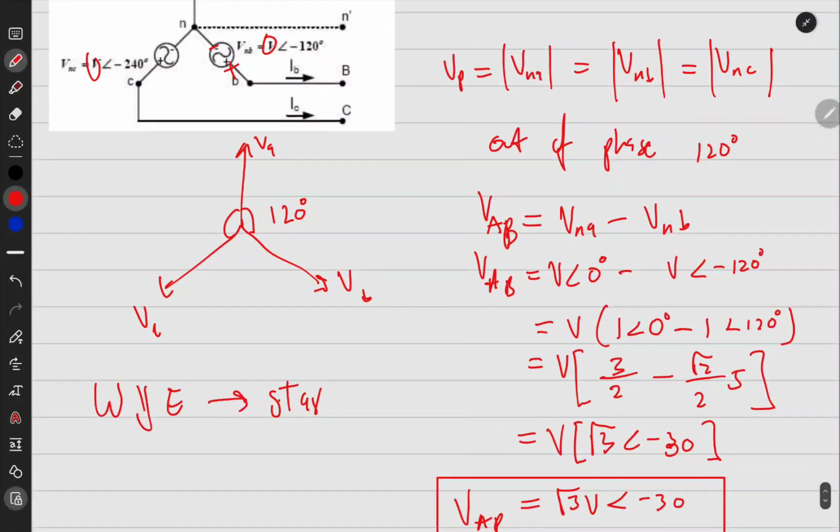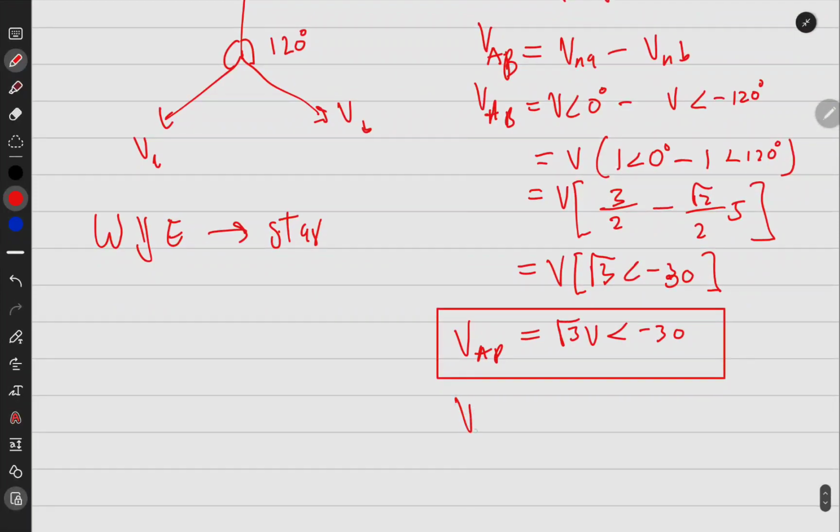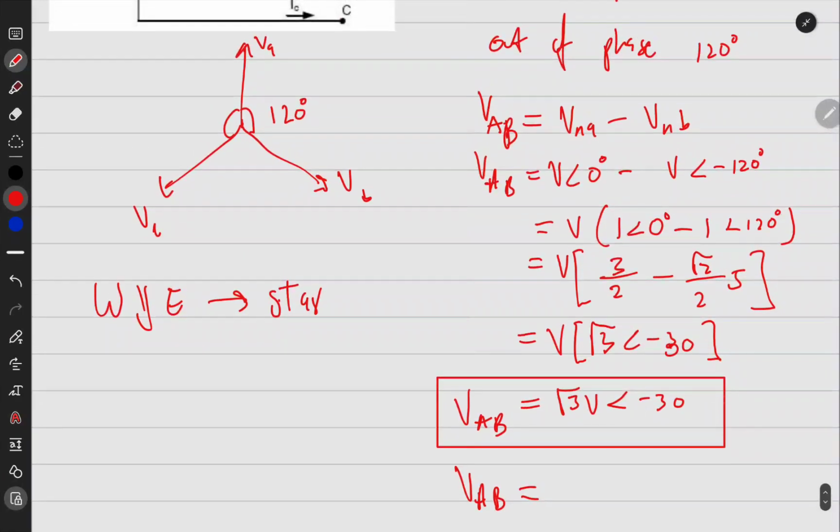Then I end up with something like this. Remember, this was only for VAB. If you want the other voltages, just remember they're still 120 degrees out of phase. You're just changing the phase here, adding or subtracting 120 depending on which direction you want to go.